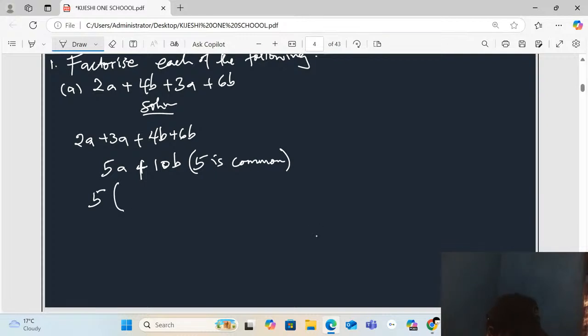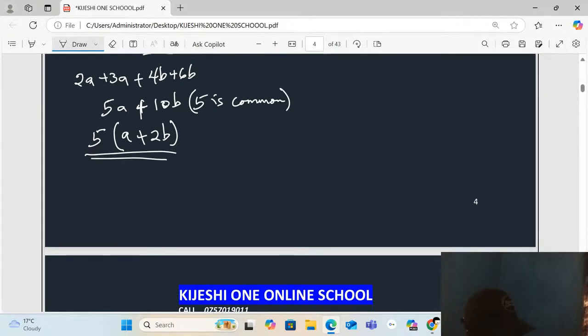We shall have 5 into 5a is a, plus 5 into 10b is 2b. That is how you factorize. Now your answer becomes 5 times a plus 2b. So you simply factor out when you have a common factor, so that you have your answer like that.